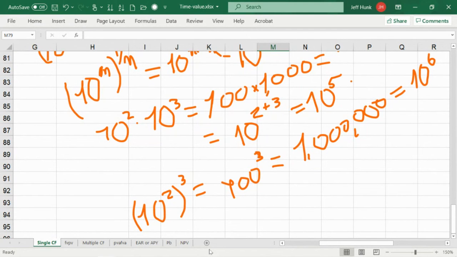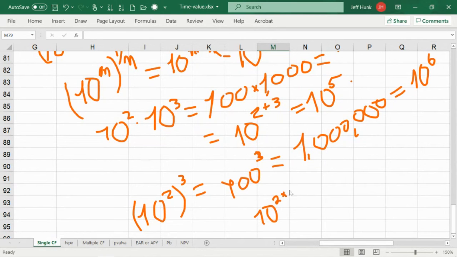Okay, so you're getting another 0.25 for that. And then think about it. What we did was exactly 10 squared. 100 is 10 squared, and that was raised again to the third power.